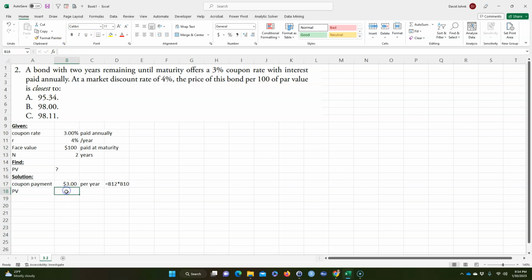So I go equals present value. The rate, again, don't get the rates mixed up, is this, right? Number of periods is 2 years. The payment is $3 per year. It looks like it's paid annually, right? 3% of 100 is 3. And the future value is $100. And the answer is $98.11.